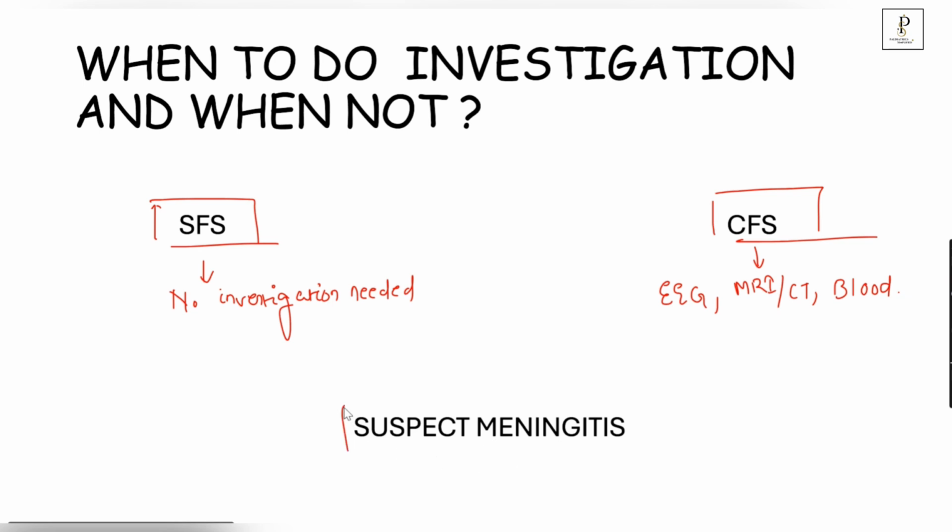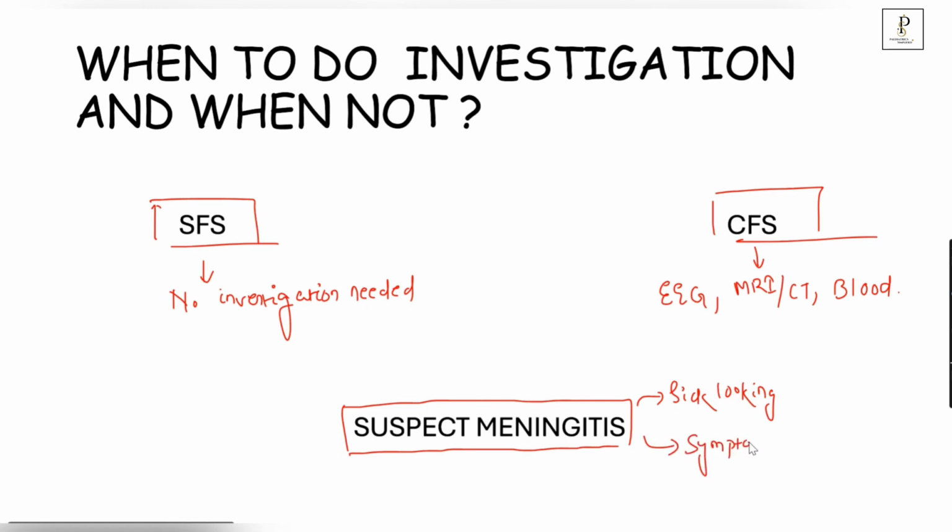If you are suspecting meningitis, what does that mean? If the child is sick looking, or if the child has symptoms of meningitis, like we discussed previously, then you should do CSF analysis.